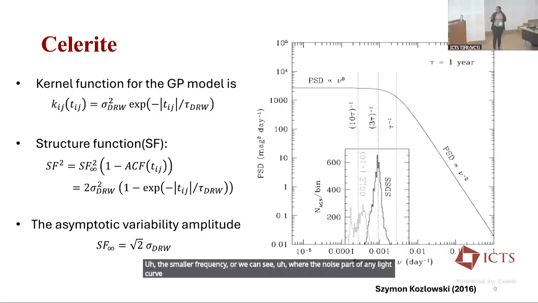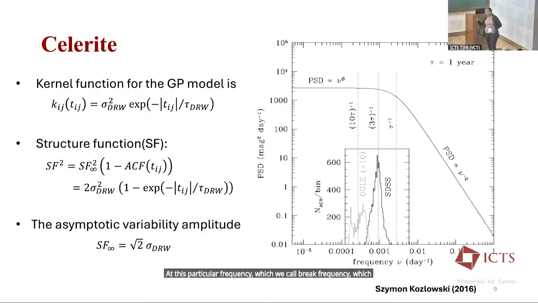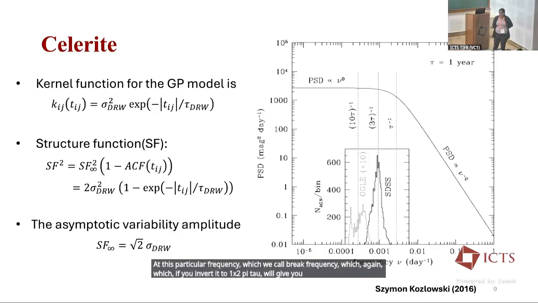But this particular part will probe the damping time scale. The flat white noise part and the red noise part get distinguished at this particular frequency, which we call the break frequency, which if you invert it, 1/2 pi tau, will give you the damping time scale. Now, people have studied this damping time scale to find out the mass of the black hole.